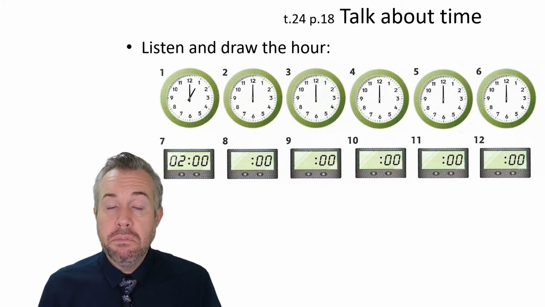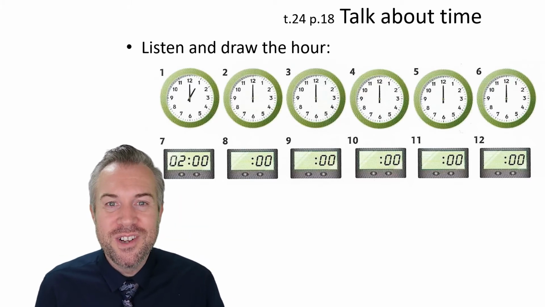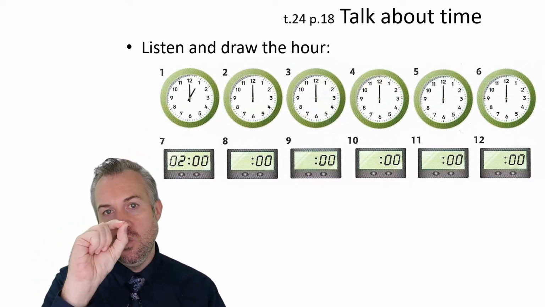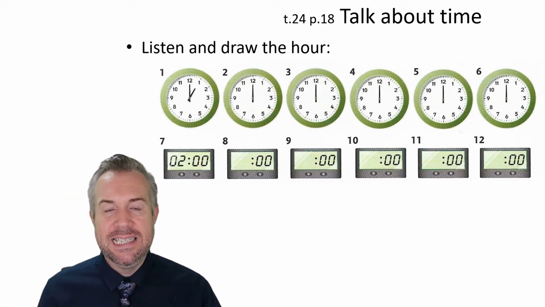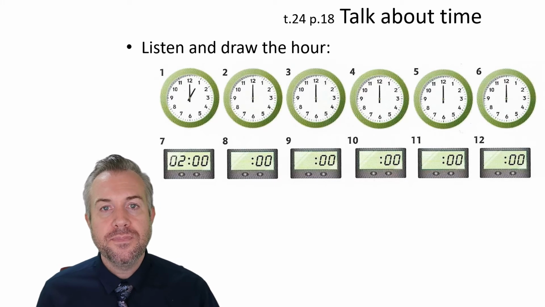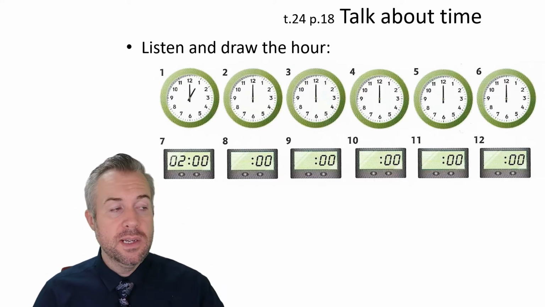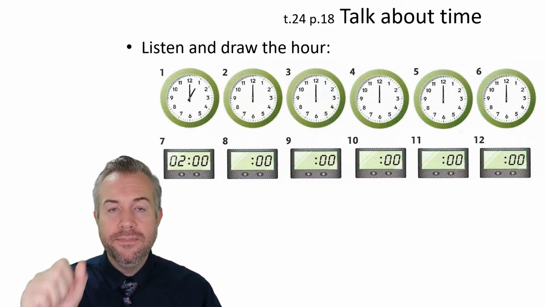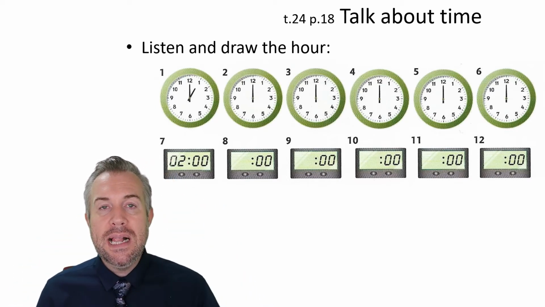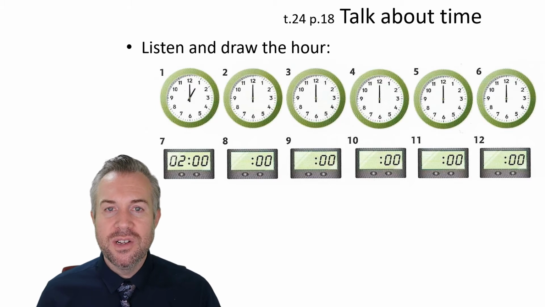But what o'clock? Our job is to draw the short hand. As we can see, number 1, it is 1 o'clock. The short hand is at 1. The long hand is at 12. It is 1 o'clock.